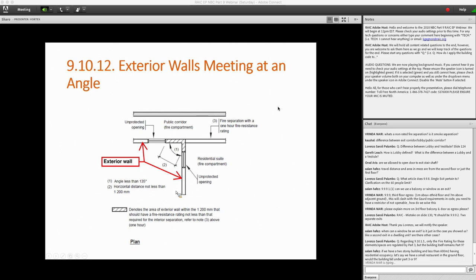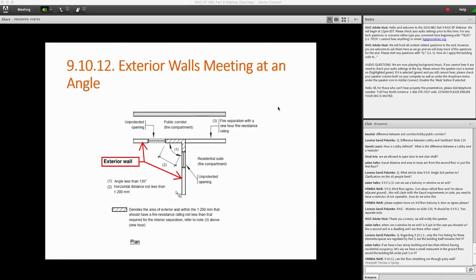Now back to our discussion on potential exposure issues.